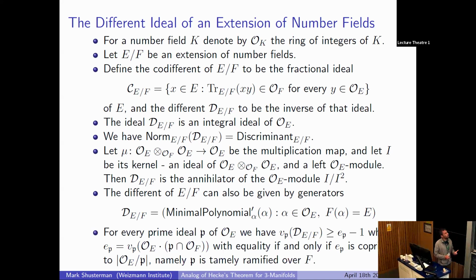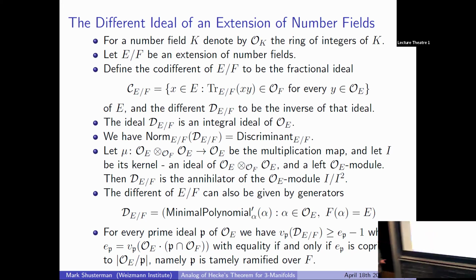And there is also a further equivalent way to define the different, and that's in terms of its prime factorization into prime ideals. So it turns out that for every prime P, the power in which it will appear in the different is at least the ramification index minus 1.